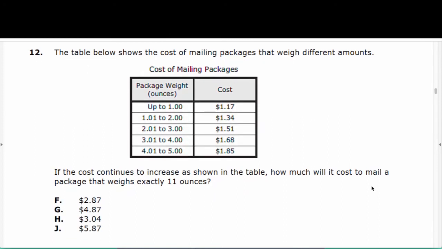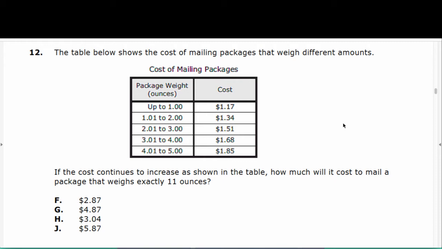Question 12. The table below shows the cost of mailing packages that weigh different amounts. Cost of mailing packages. If you have any more questions about the chart, please raise your hand.